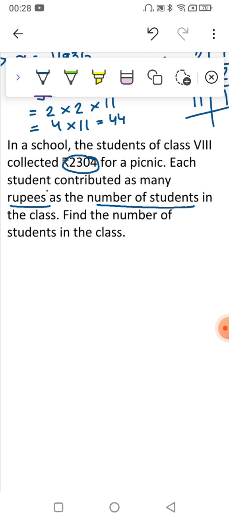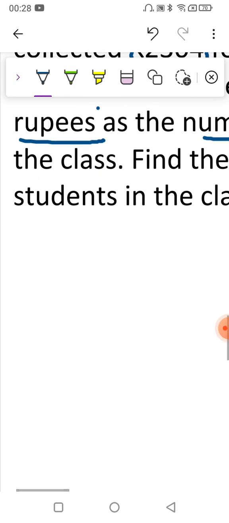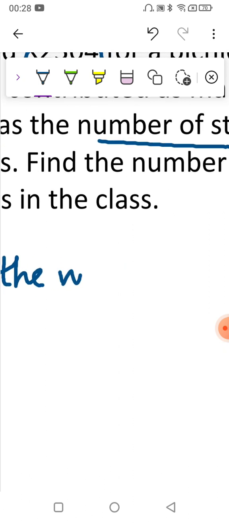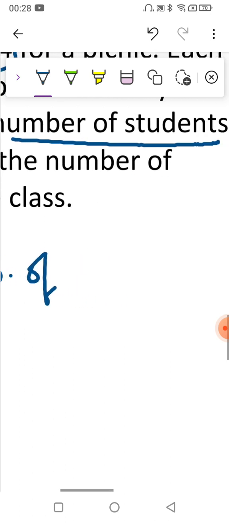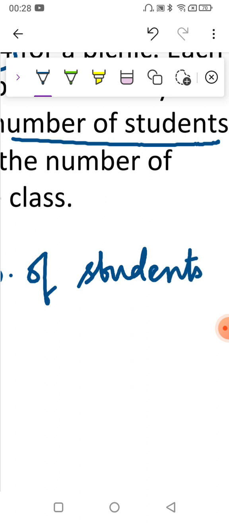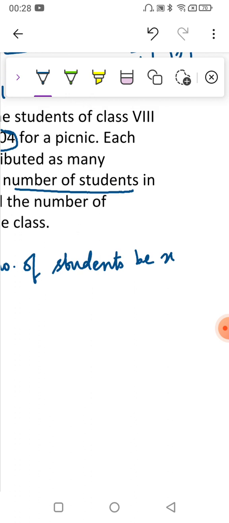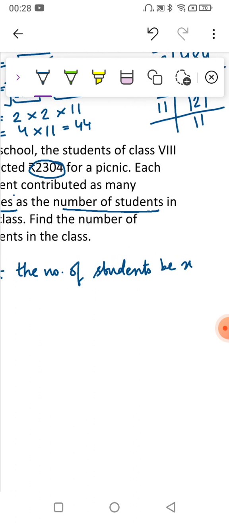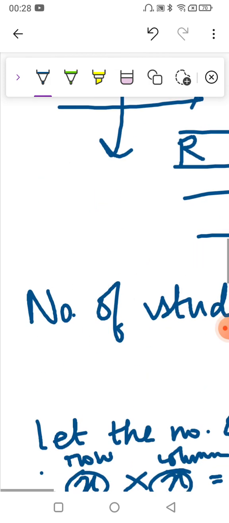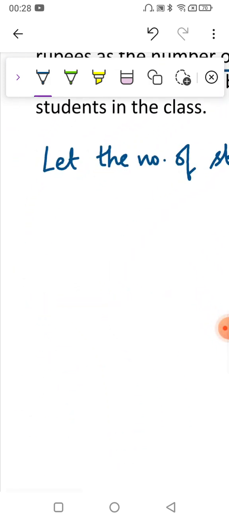So what we are going to do is simply take, let the number of students be x. So the number of students is x, and at the same time the amount of money they had contributed is also x.